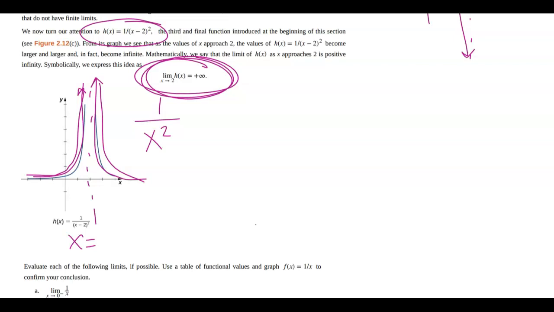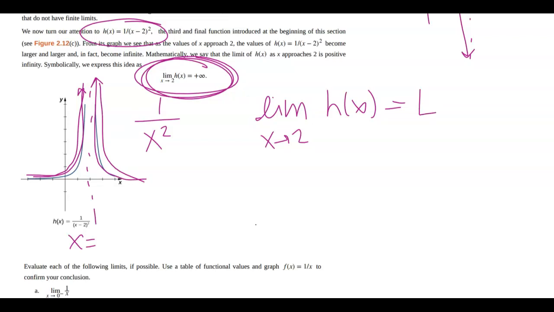Now, some textbooks are going to say that means the limit does not exist. Some say it does exist and it's infinity. It all depends on the definition of the limit. Normally, in order for a limit to exist, it needs to go to a number, and infinity technically isn't a number value.